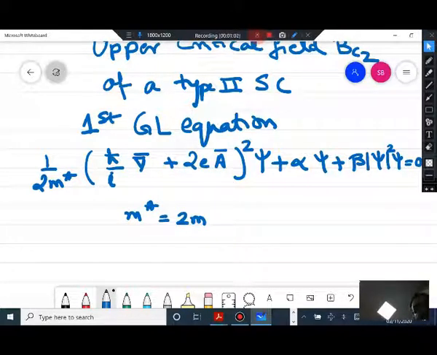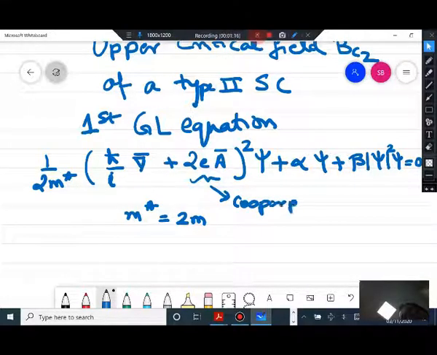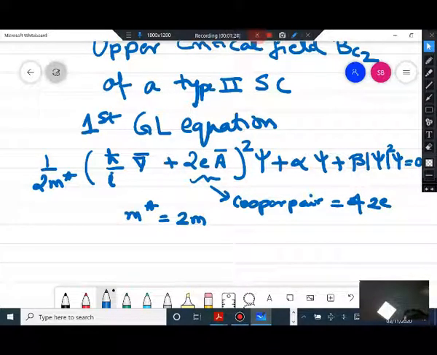If you go back to the earlier lecture, this is written as 4m, but you can also write it as 2m star. It's somewhat easier to do that. And this is of course the Cooper pair charge of 2e.